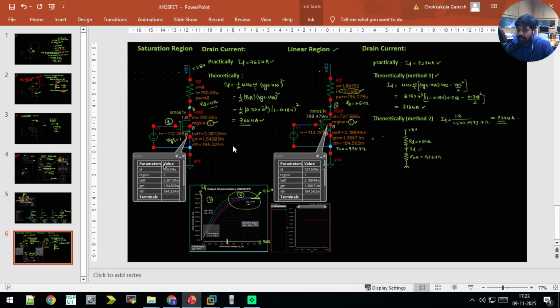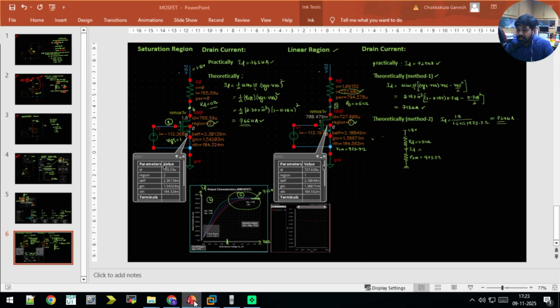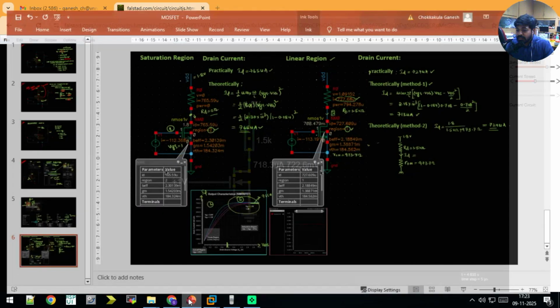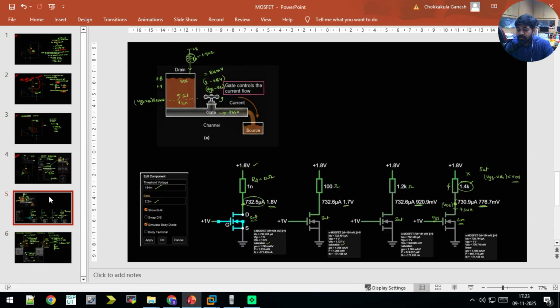As we have already calculated, we just give the beta value and the VTH value, and the tool will calculate and show the expected current. Theoretically we calculate it, and practically it was done by the tool. So the expected current is 732 micro.